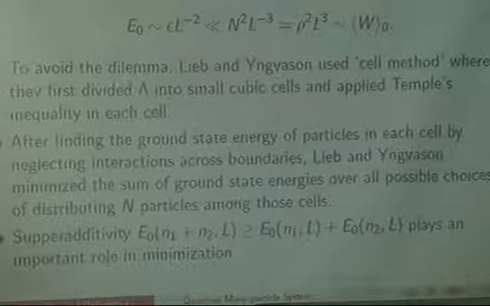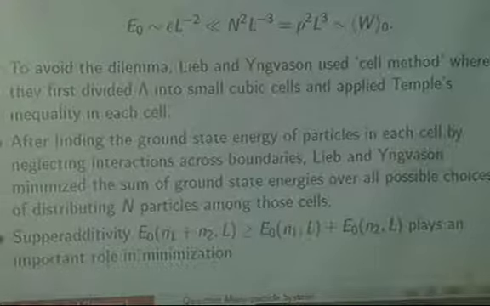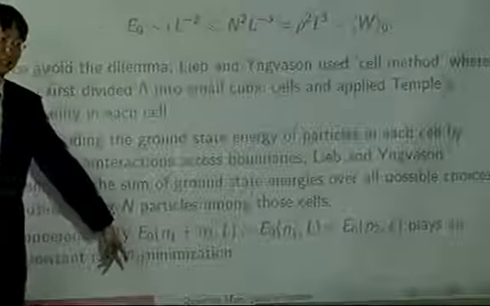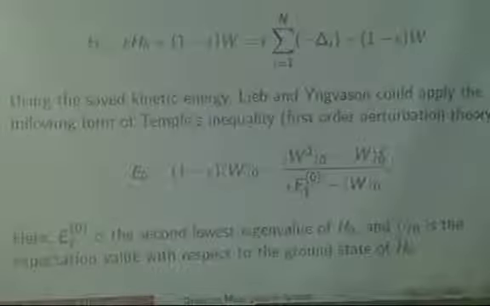And if you have smaller energy, it is always a good thing when you find a lower bound. It's not hard to find the right lower bound once you have the cell method and the super additivity. So that's how they got the lower bound like this.